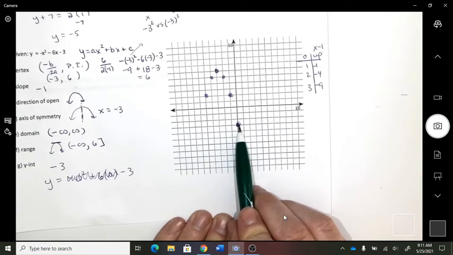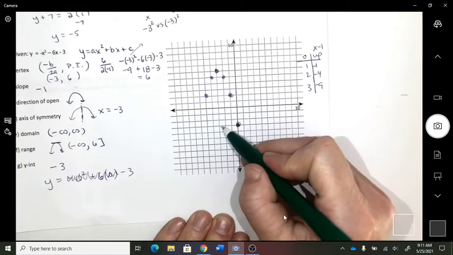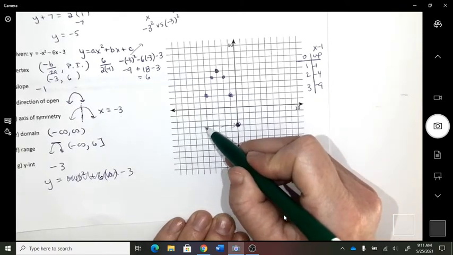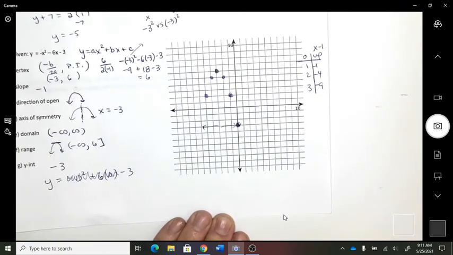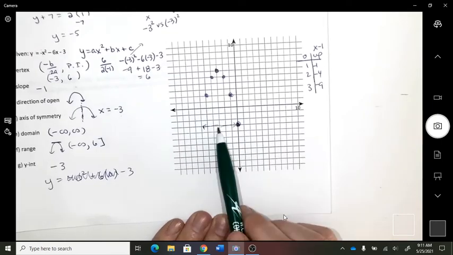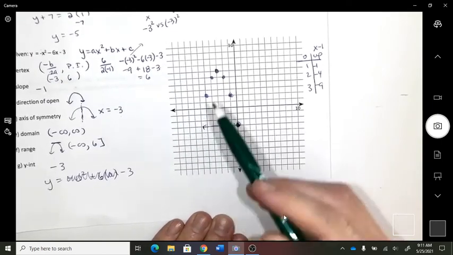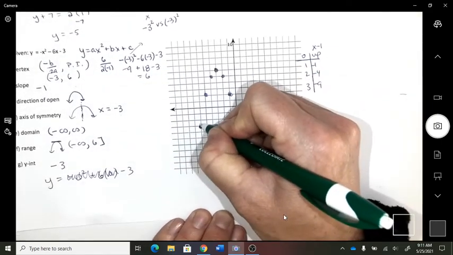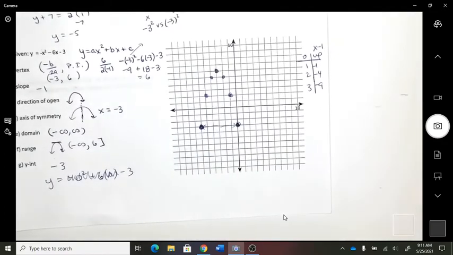Would you ever know how to find the symmetric point if I asked you to find the symmetric point? A symmetric point would be like that, where I'm 3 off of the axis over here, so I have to go 3 off of the axis to that side. So that's how you could find a symmetric point.